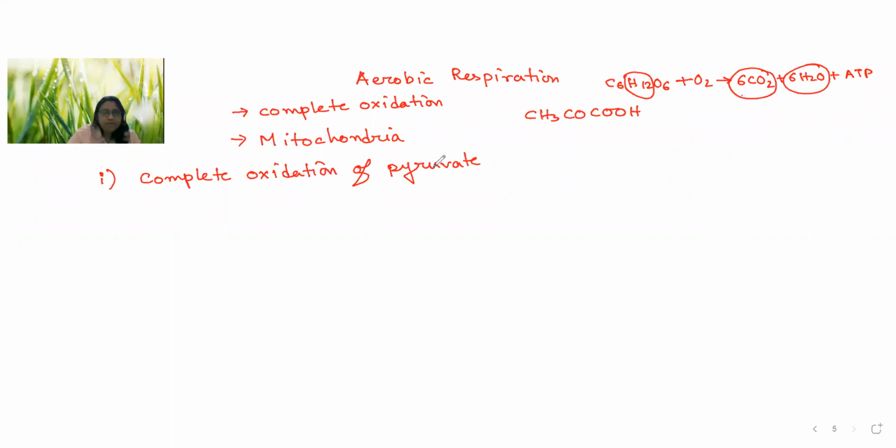So this complete oxidation of pyruvate by removing hydrogen is done in two steps. First is formation of acetyl-CoA.